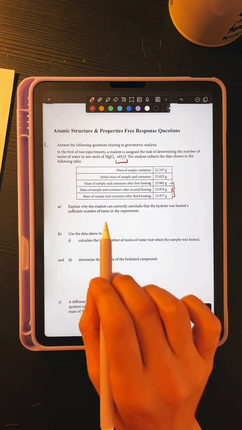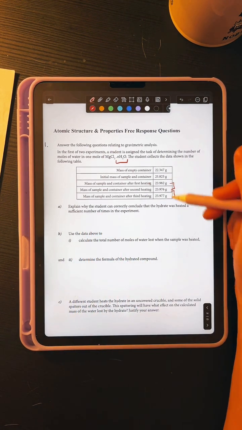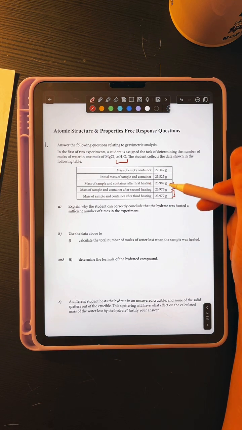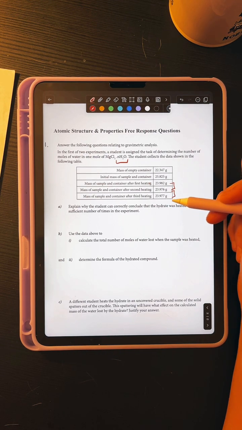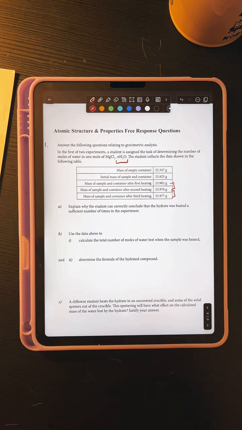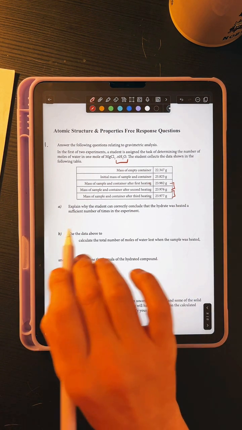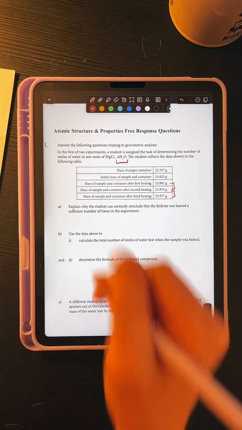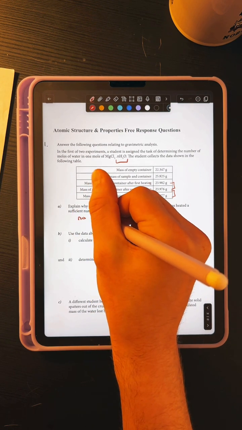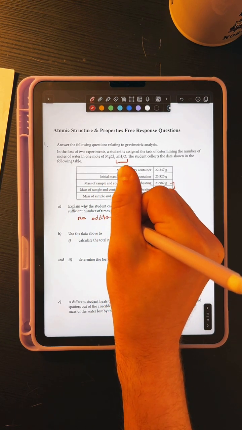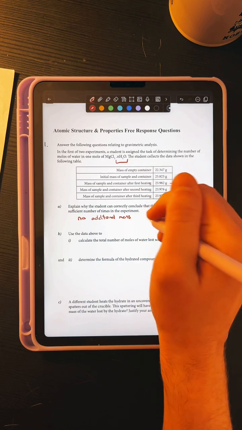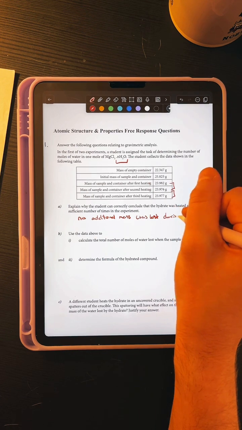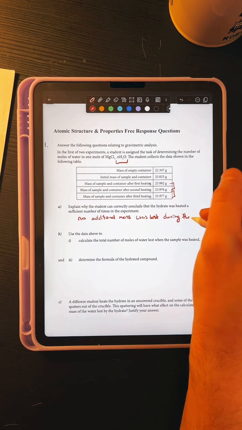So here, whenever we're doing gravimetric analysis, we want to make sure that the masses remain unchanged. That means no more water is being evaporated. So here, explain why the student can correctly conclude that the hydrate was heated a sufficient number of times. Well, it's because no additional mass was lost during the third heating.